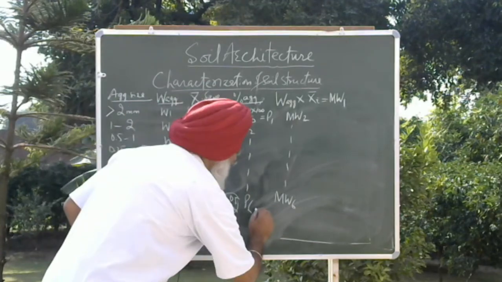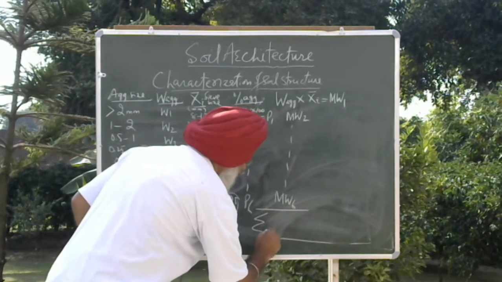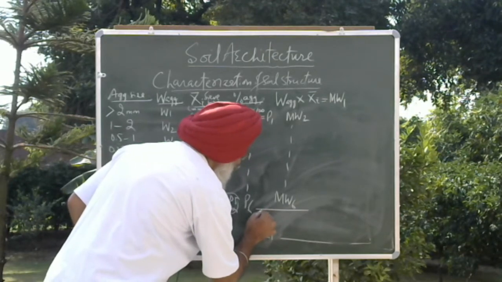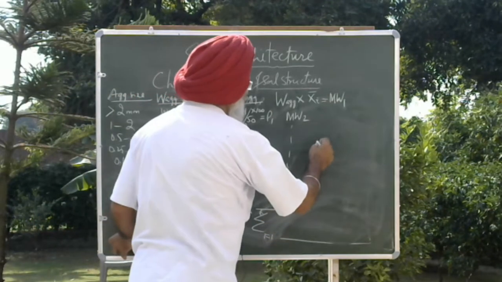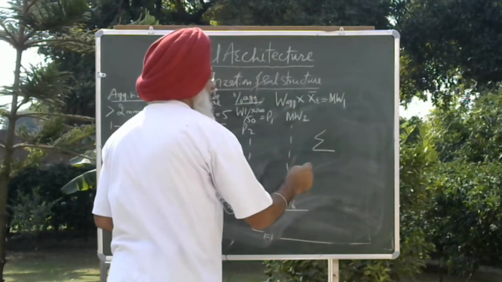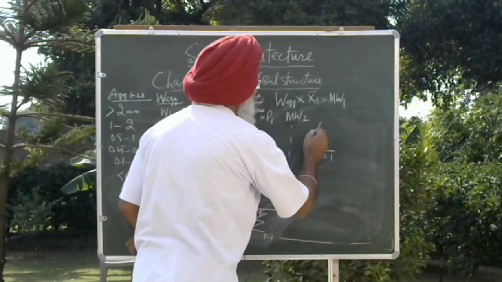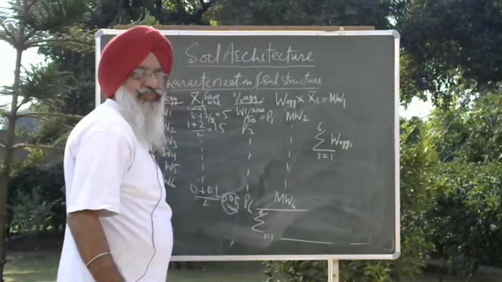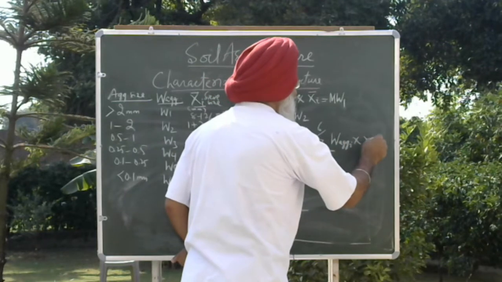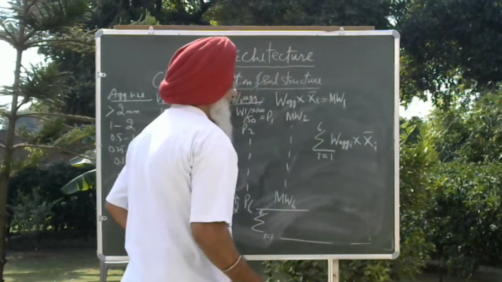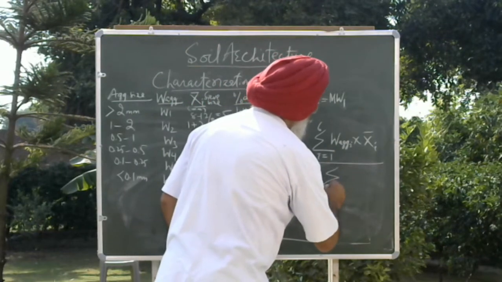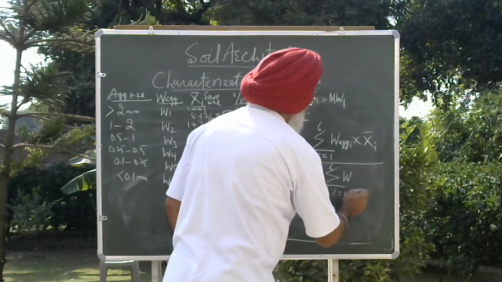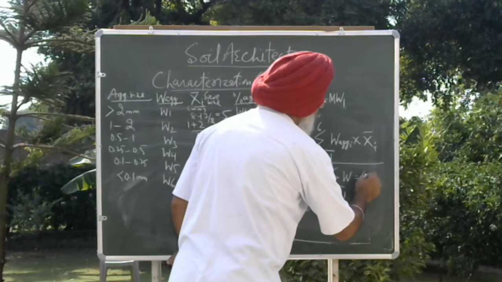Then you take summation, I equal to 1 to 6. So, when you add it up, what you have added? Weight of aggregate in ith sieve multiplied by mean sieve size of that particular category divided by the weight of the sample, that is W. This here is 50 grams.